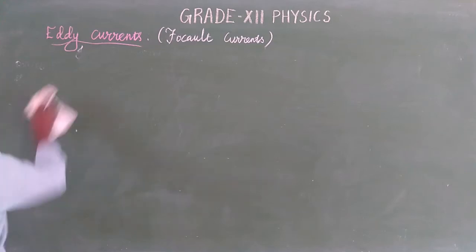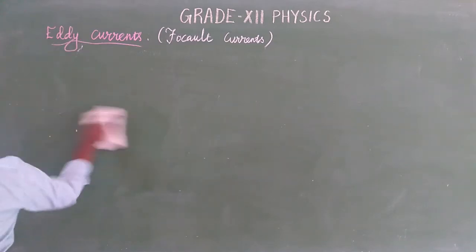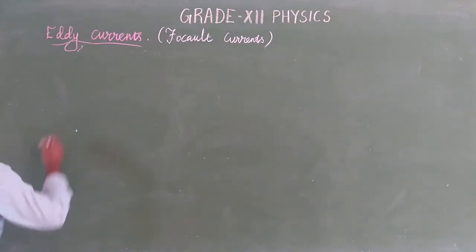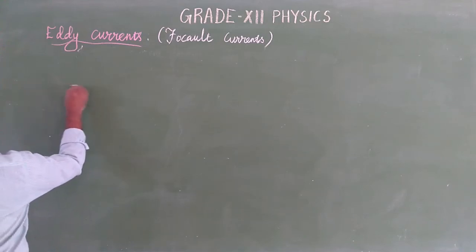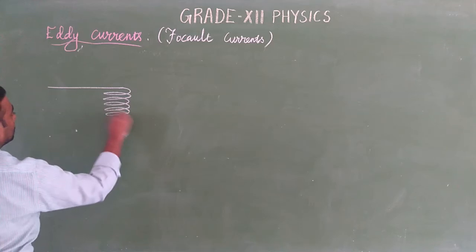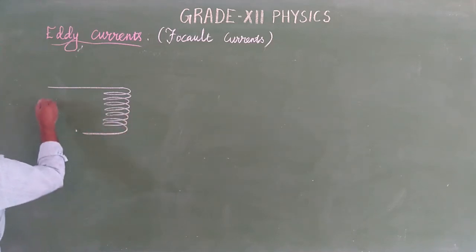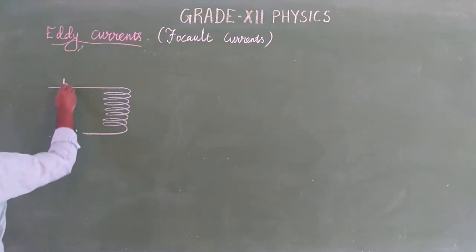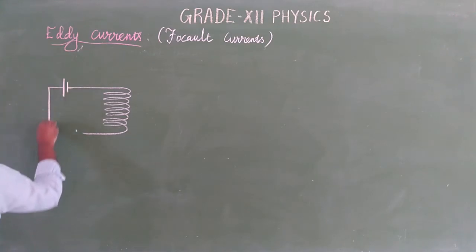So the first experimental demonstration: we take a long solenoid, and this solenoid needs to be connected with a cell and a tap key.